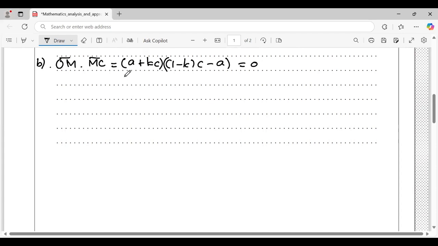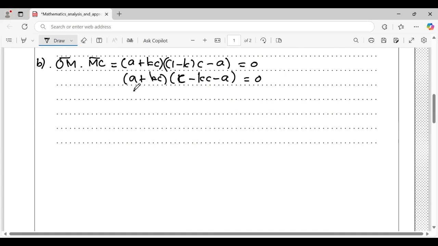And we are going to expand this. I would like to bring this one in brackets first. 1 times C, KC minus A equals 0.